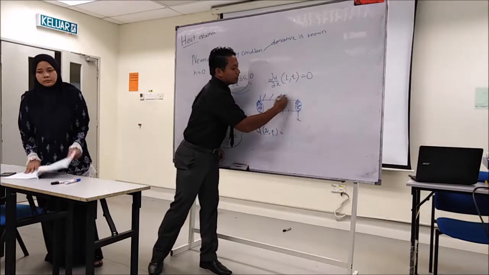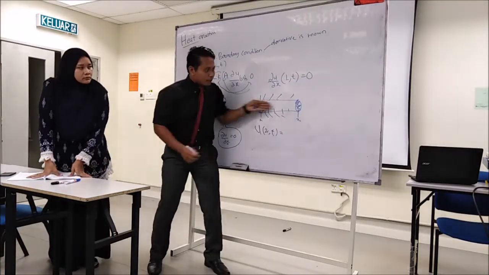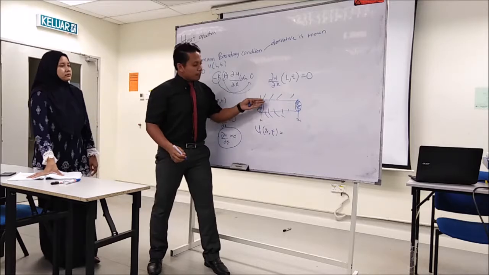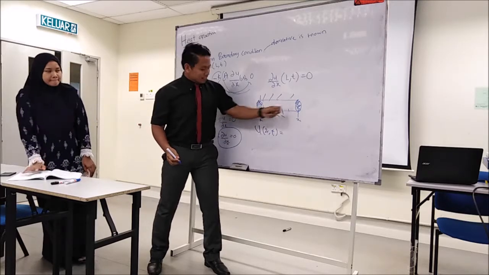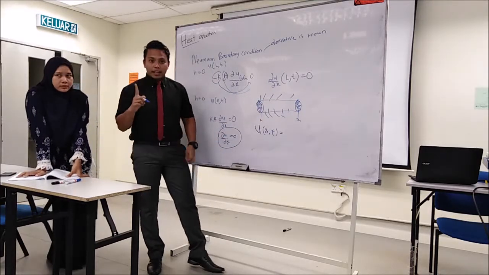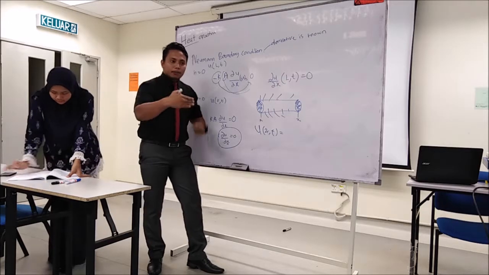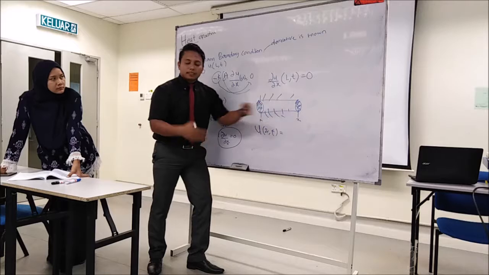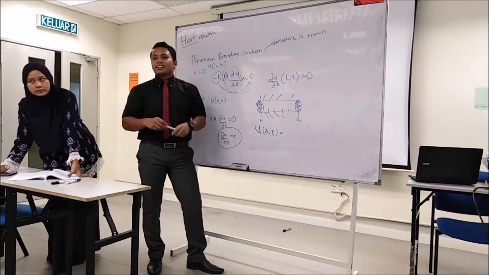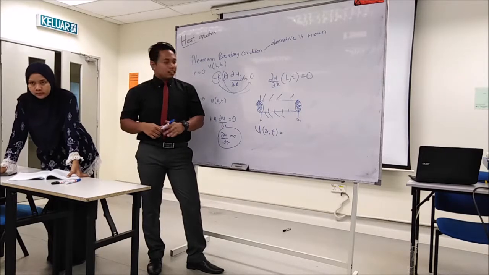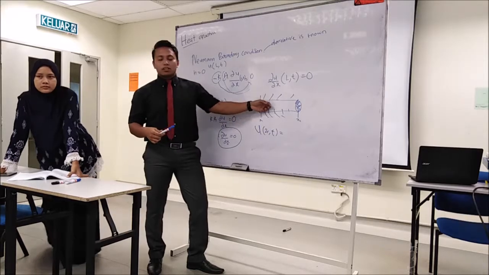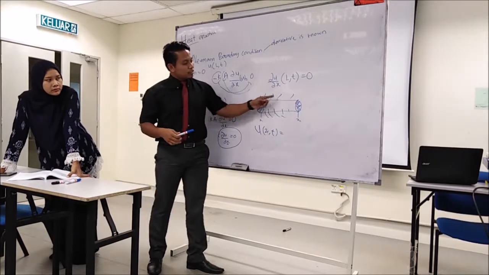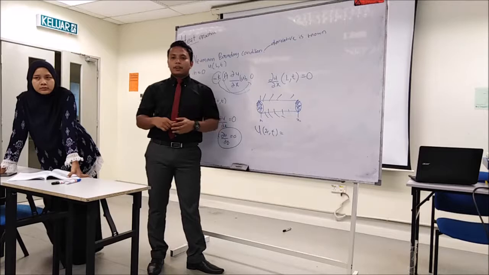Everything is insulated. Everything is within this rod. So everything here is constant with respect to x. Over time, there will be an increment of temperature, but the temperature all over the place is the same. Okay. We consider this to be no heat loss. But insulated, so heat cannot go anywhere.